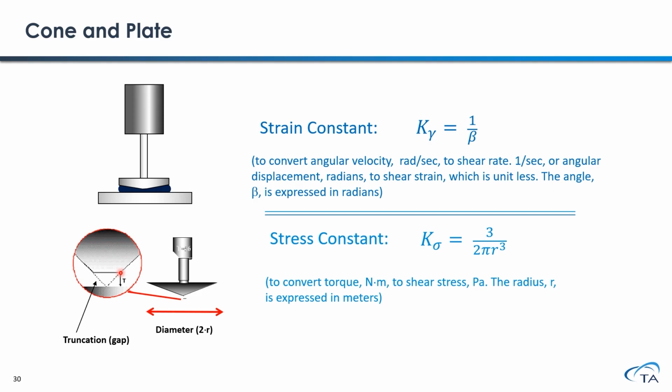And the truncation size can be found on the shaft of that particular geometry. Cone plate geometry is commonly used to measure low viscosity liquid samples to semi-solid samples. And here are the equations for calculating a cone plate geometry's strain constant and stress constant.